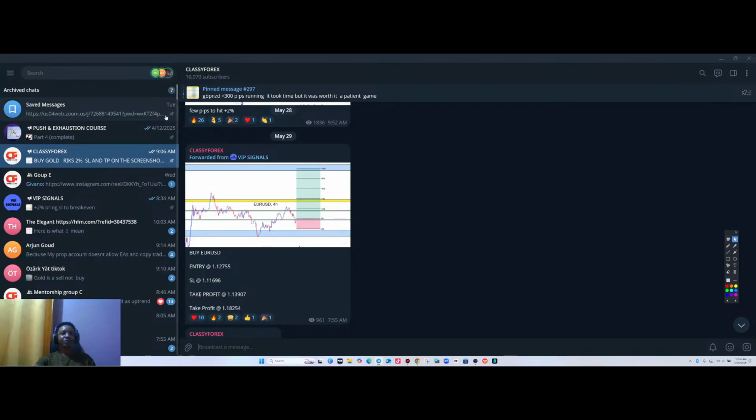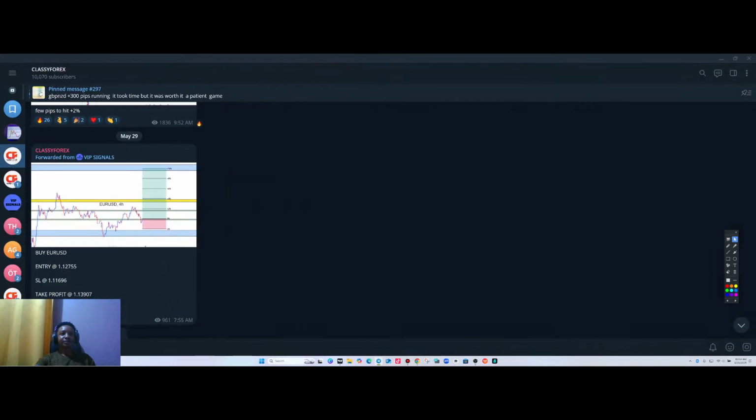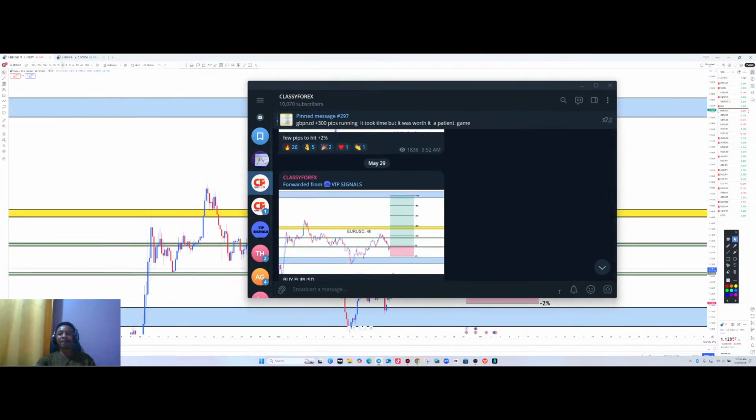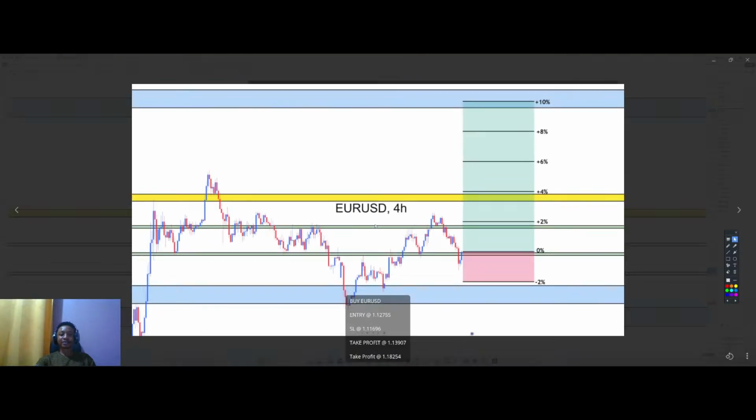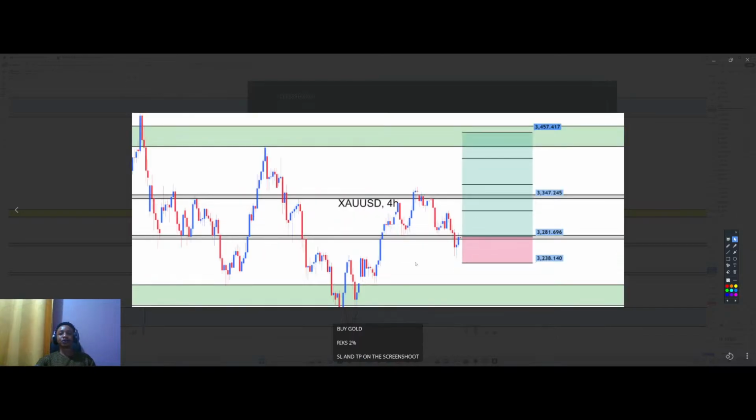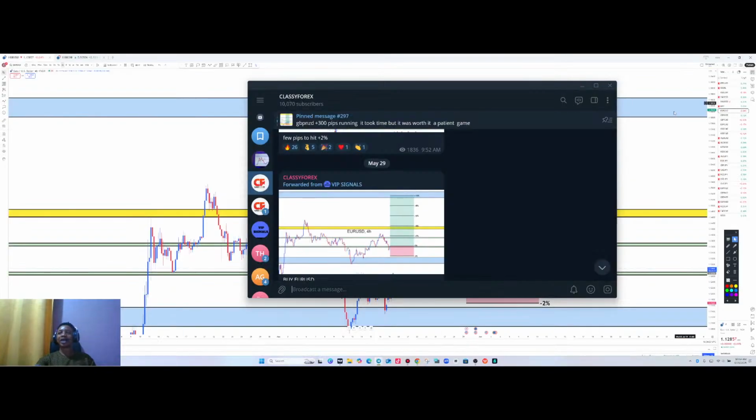Very beautiful one. Let me make it bigger for you guys to see. So this is the USD buy setup that I gave this particular morning. You have the entry, the SL, the take profit, and so on and so forth. So you get all the details as you go through my Telegram channel.